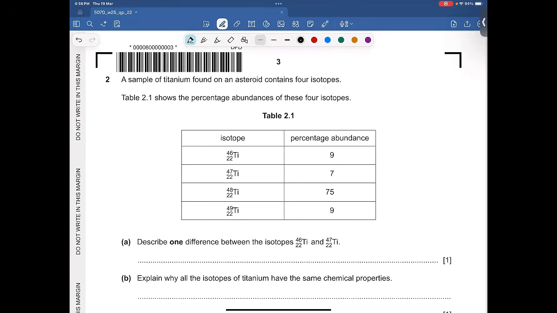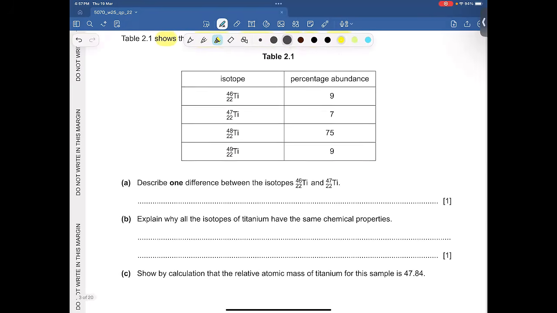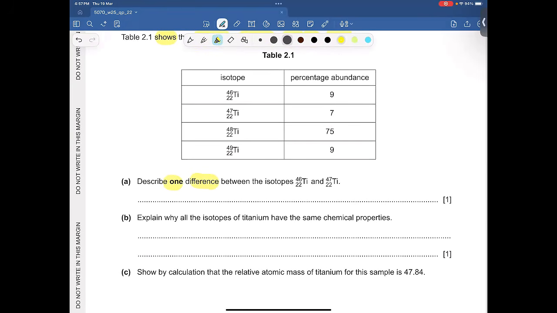A sample of titanium found in an asteroid contains 4 isotopes. The table shows the percentage abundances of these 4 isotopes. Describe one difference between the isotopes. See, guys, both the isotopes have the same atomic number but different mass number. So when we talk about difference, either we can write different mass number or we can write different number of neutrons.